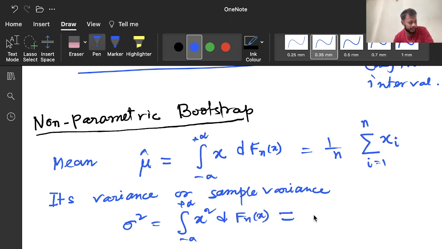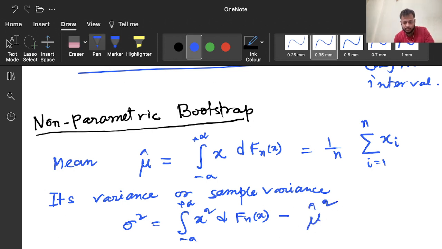So that will be 1 by n summation of i equal to 1 to n xi square. To get the variance I have to subtract mu square.